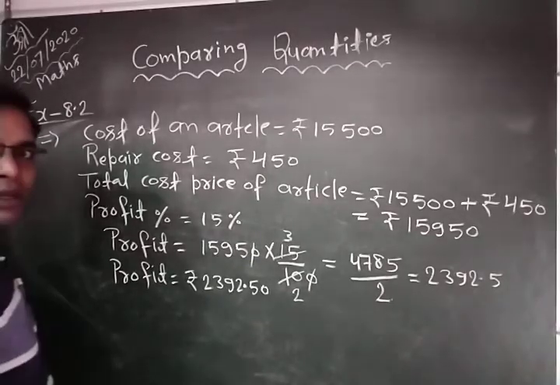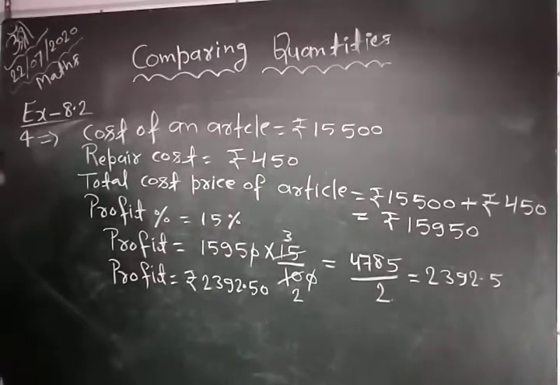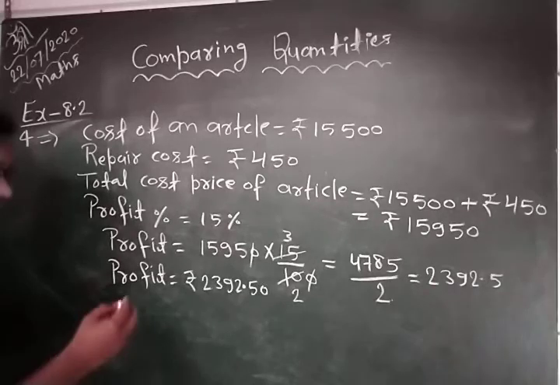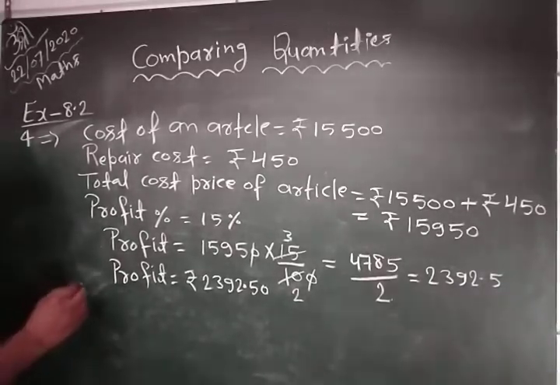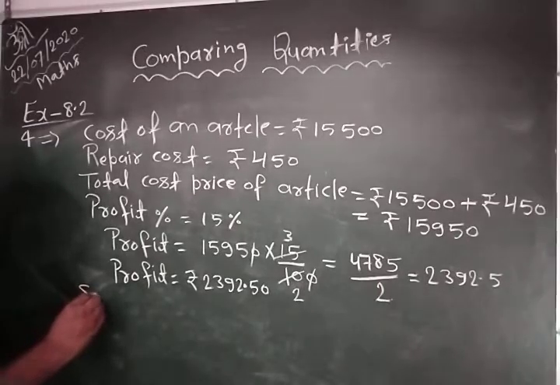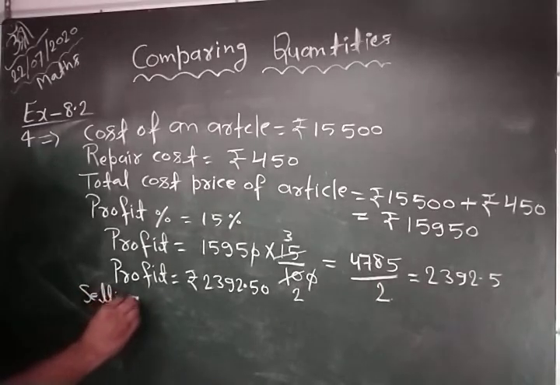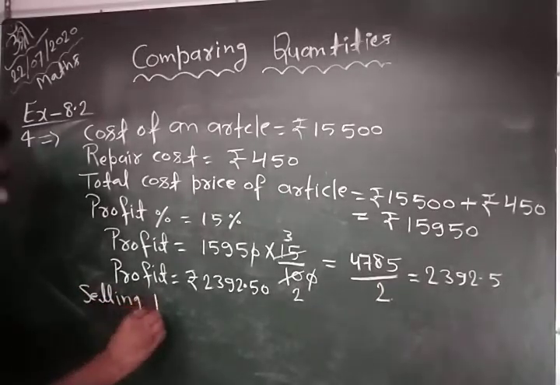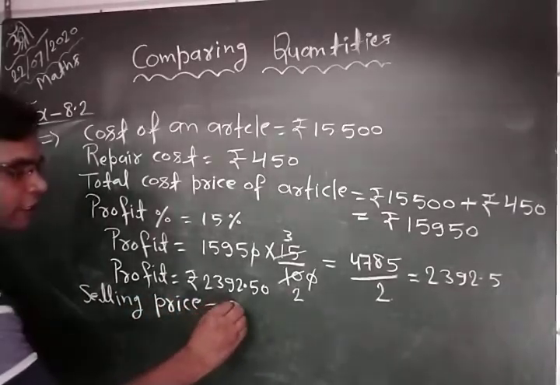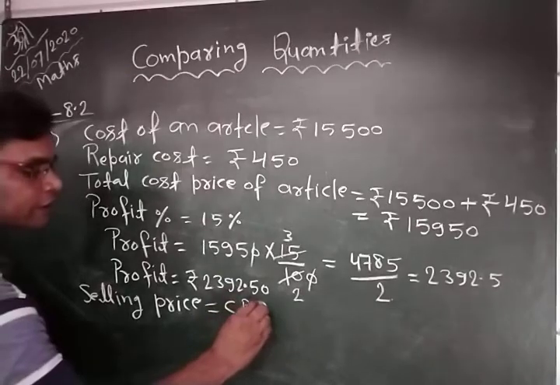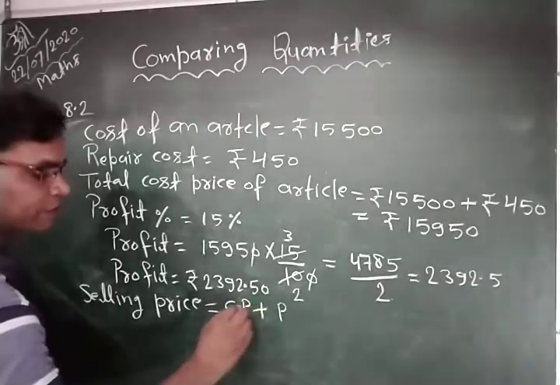Now we find the selling price of the article. The selling price is equal to cost price plus profit.